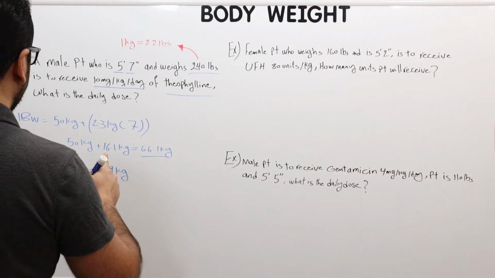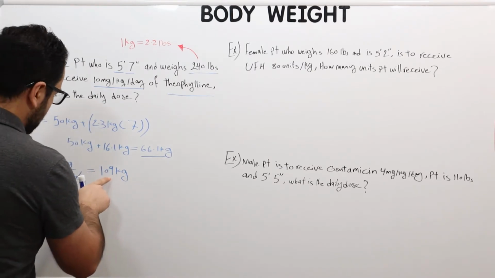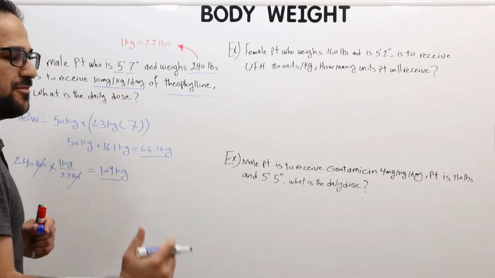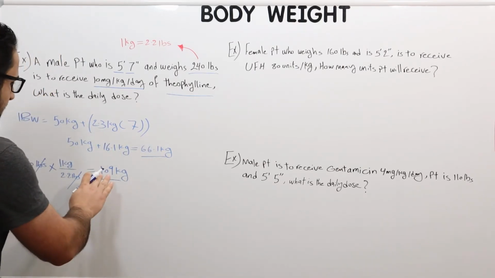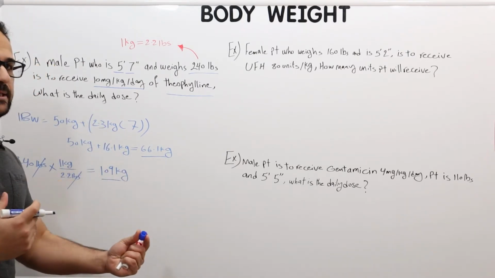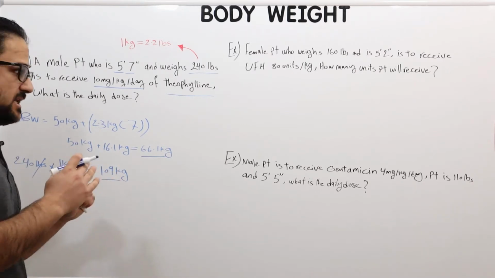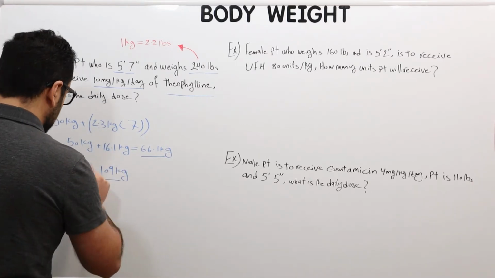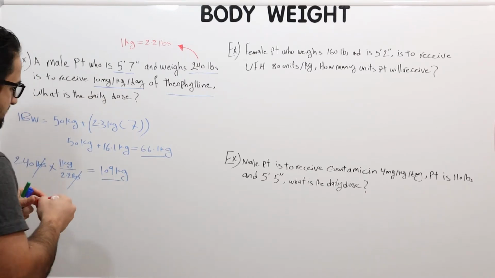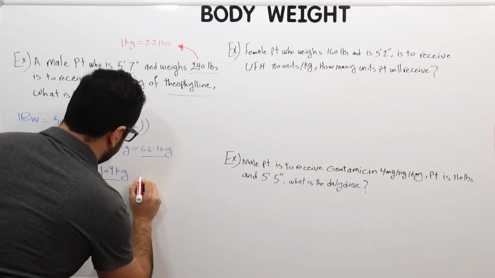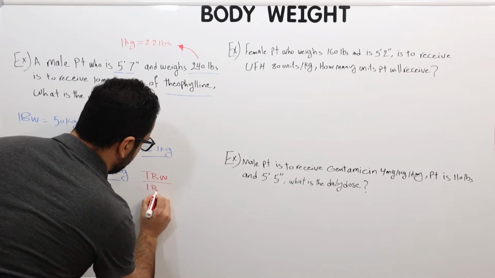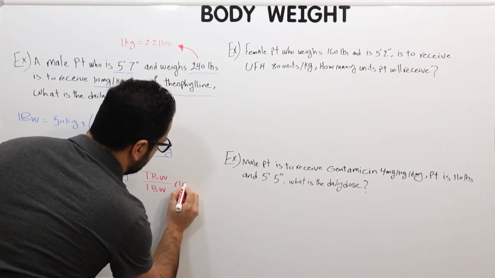Now I have the actual body weight in kilogram and I have the ideal body weight. So step number 3 is to find out first of all whether the patient is underweight, normal weight, or obese. Let's remember the formula from the previous lecture: total body weight over ideal body weight, multiplied by 100%.